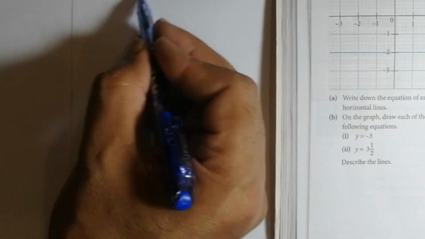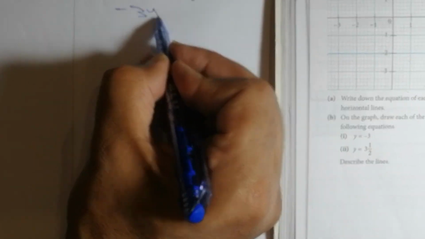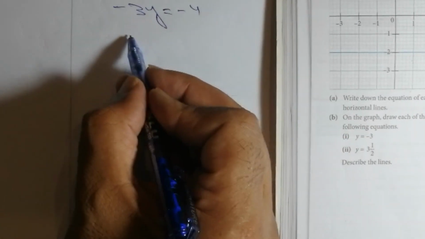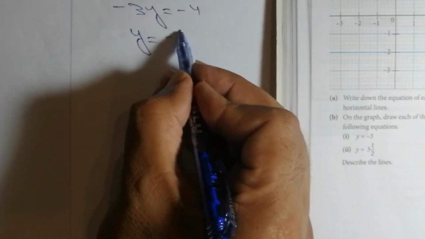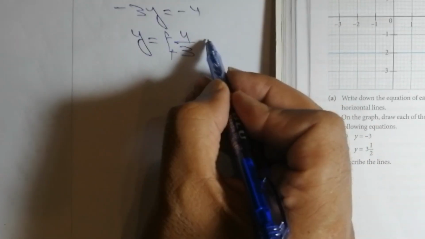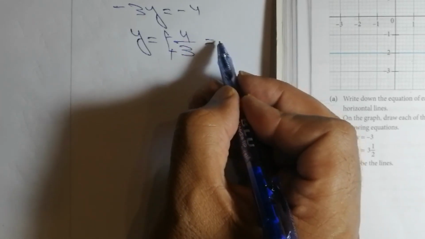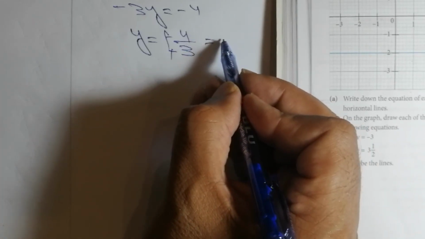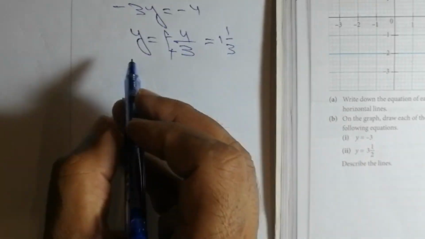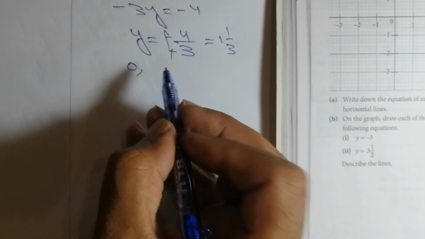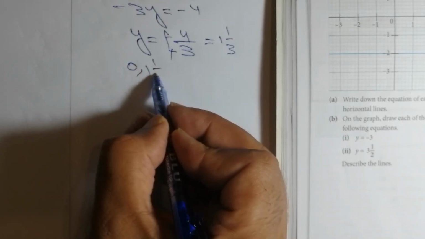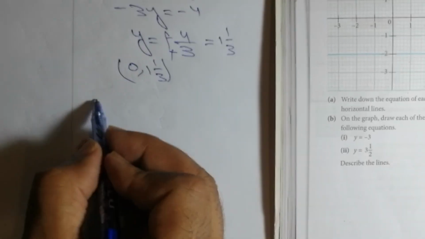So this will be 0, and minus 3y equal to minus 4, and y will be equal to minus 4 by minus 3, the minus signs cancel. So this will be 4 by 3, which is 1 whole 1 by 3. So one point is for x equal to 0, and y will be 4 by 3 or 1 whole 1 by 3.